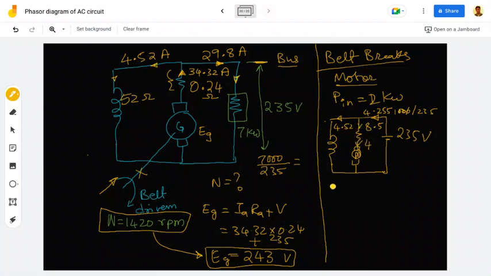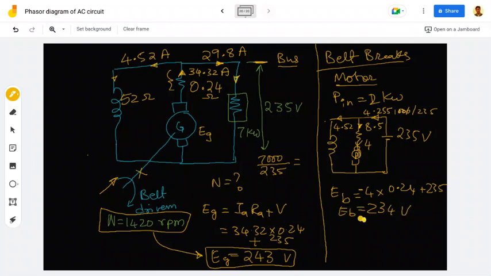The drop will be, for the back EMF, 4 into 0.24 = 0.96, so 235 minus 0.96, which you round off to 234.